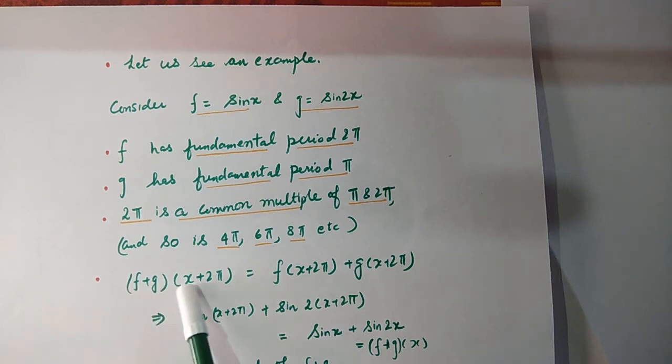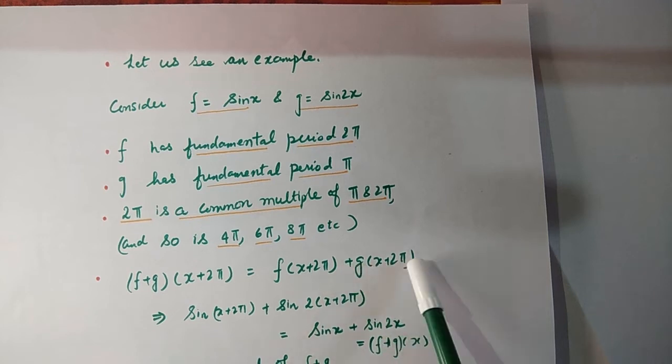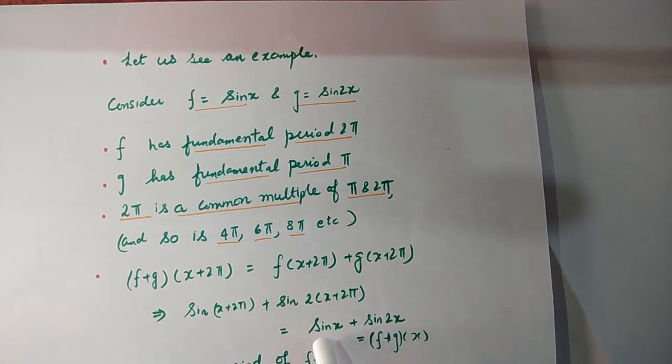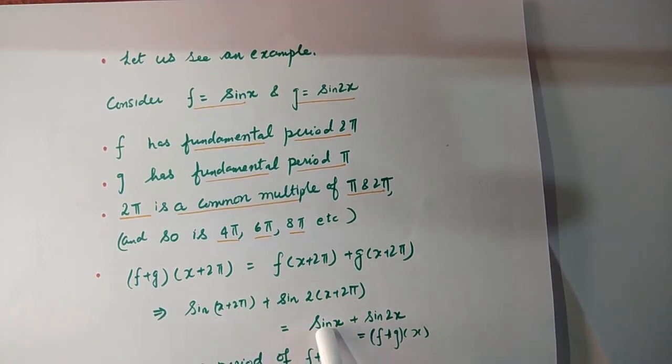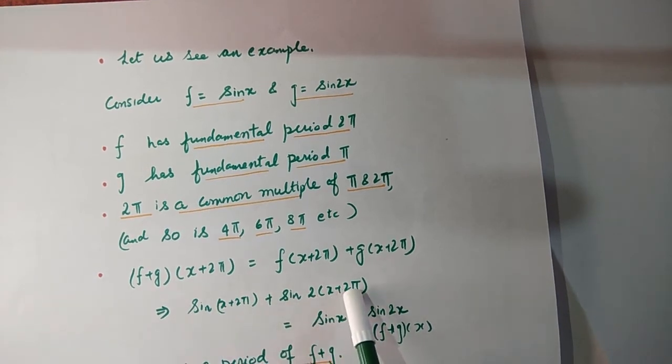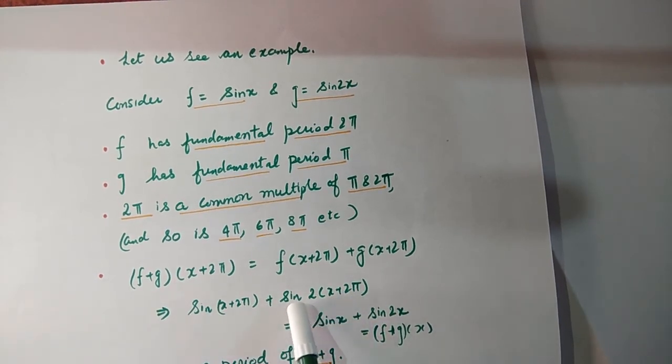So (f plus g)(x plus 2 pi) is equal to f of x plus 2 pi plus g of x plus 2 pi, which is sine of x plus 2 pi plus sine of twice x plus 2 pi. And this is equal to sine x plus sine 2x, because 2 pi is a period of sine x and 4 pi is also a period of sine 2x.